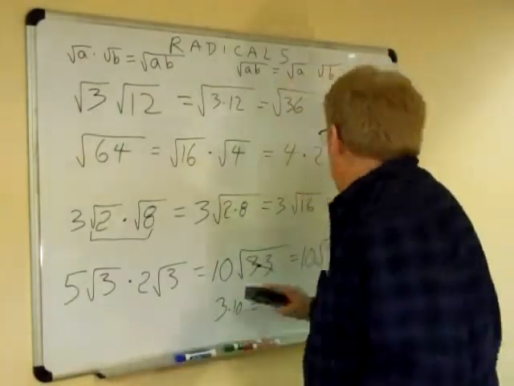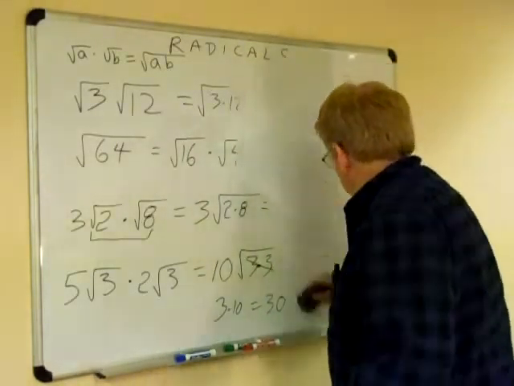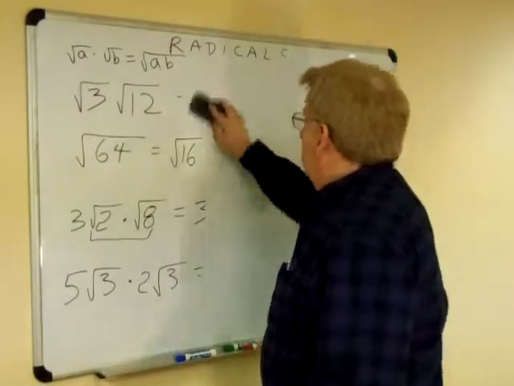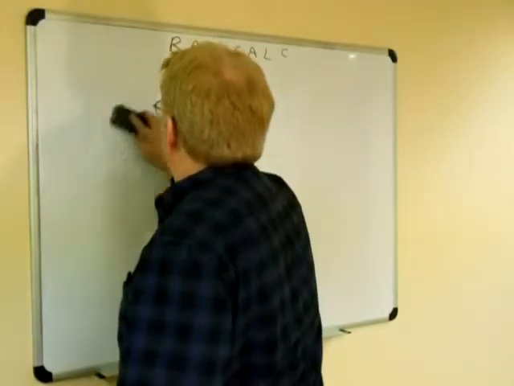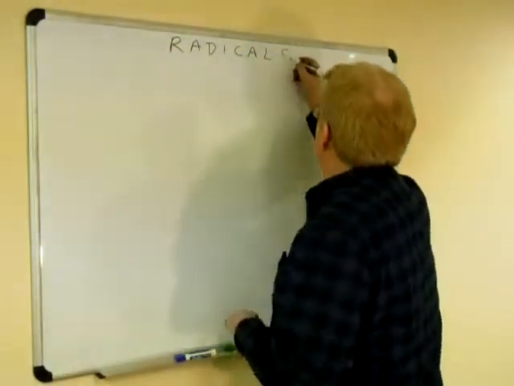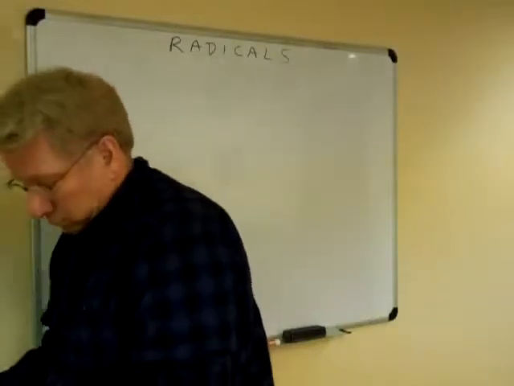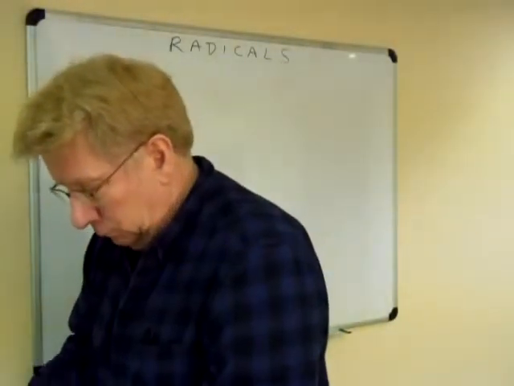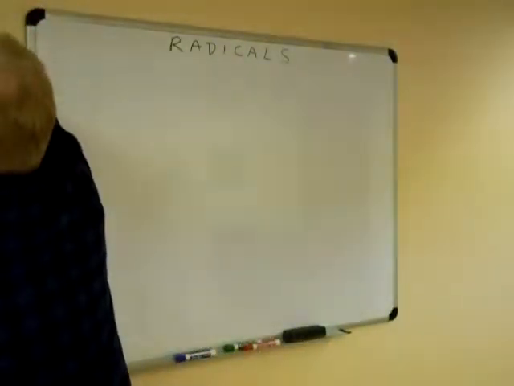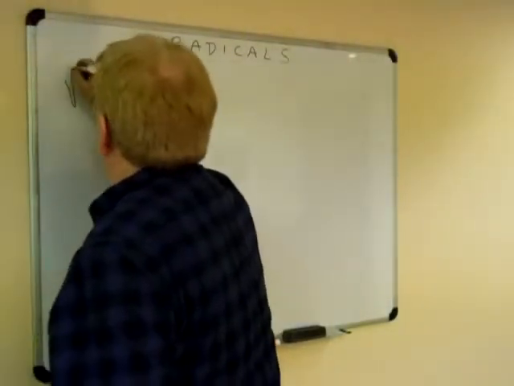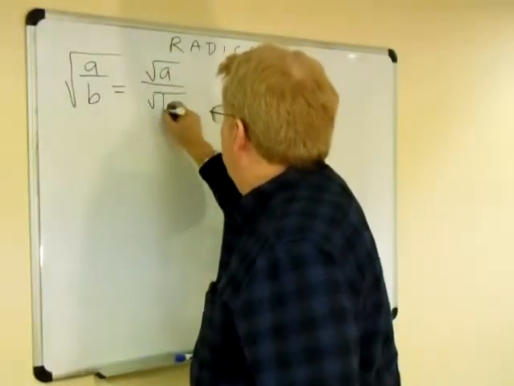Let's try a few of the quotient property. For the quotient property, the square root of a over b is the same as the square root of a over the square root of b.